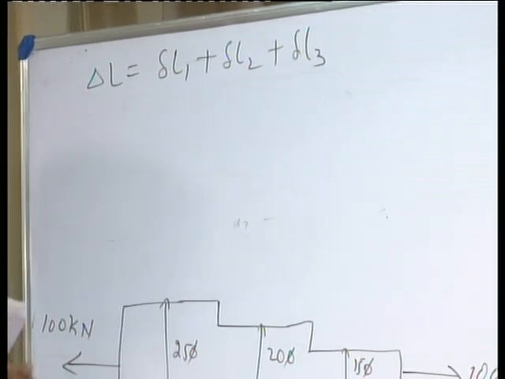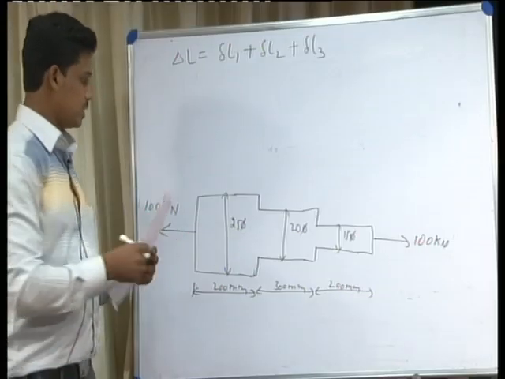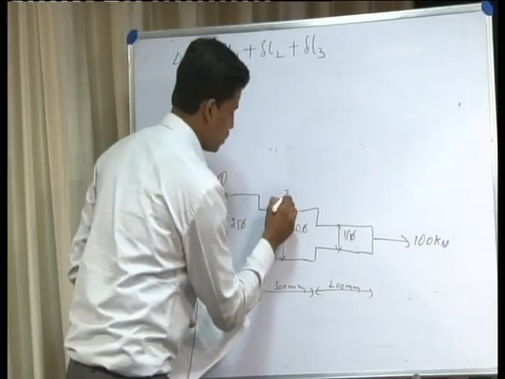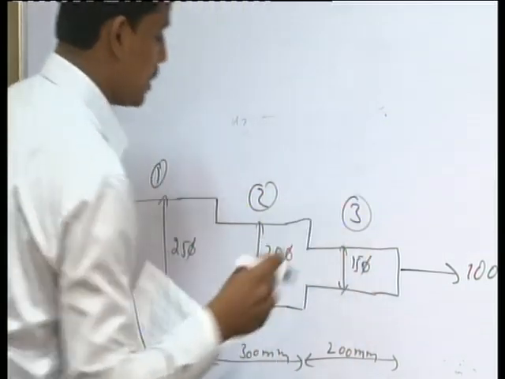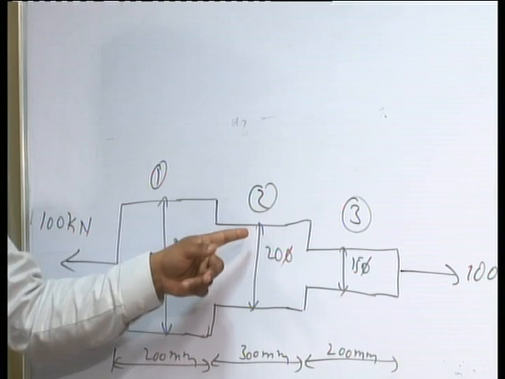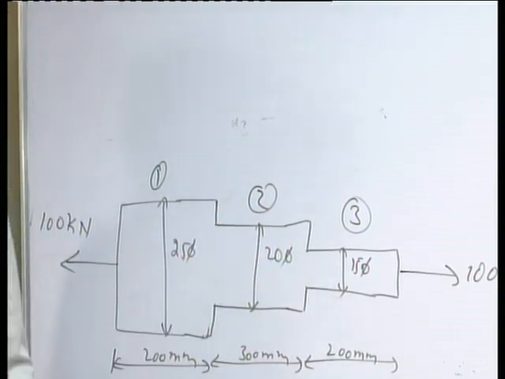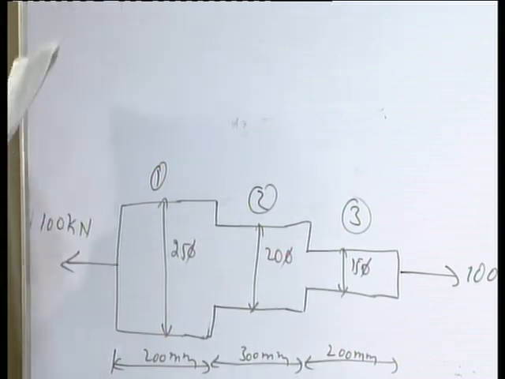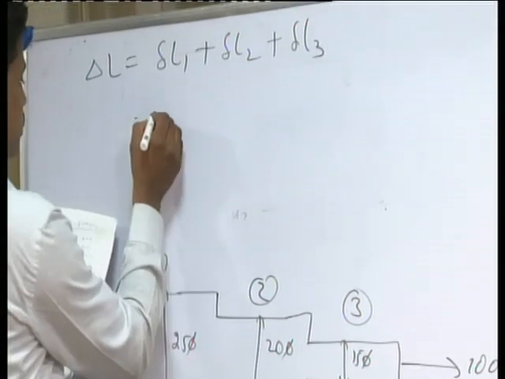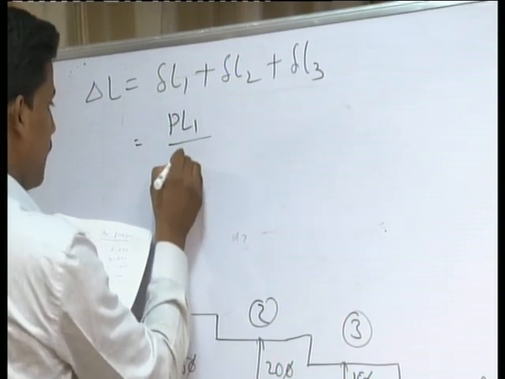This is section 1, this is section 2, this is section 3. Delta L1 is the change in length in section 1, delta L2 is the change in length in section 2, and delta L3 is the change in length along section 3. We know that delta L1 is equal to PL1 by AE.